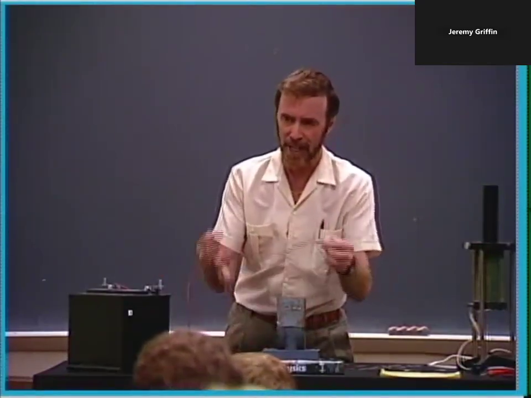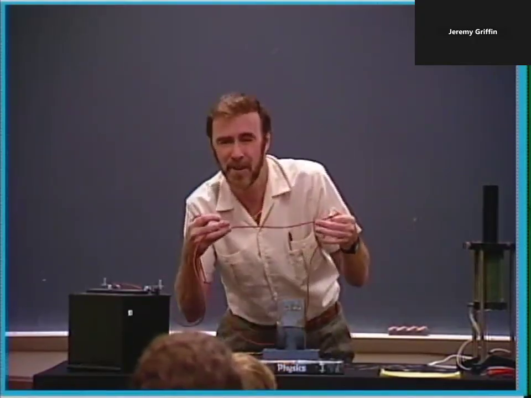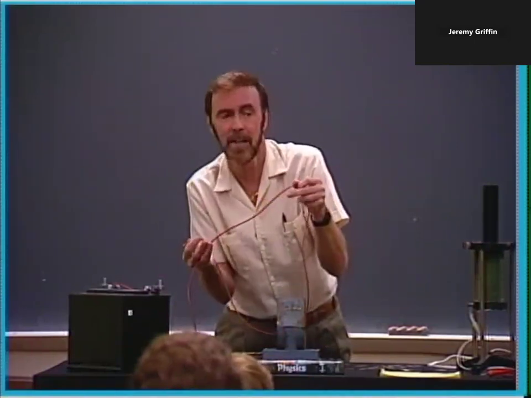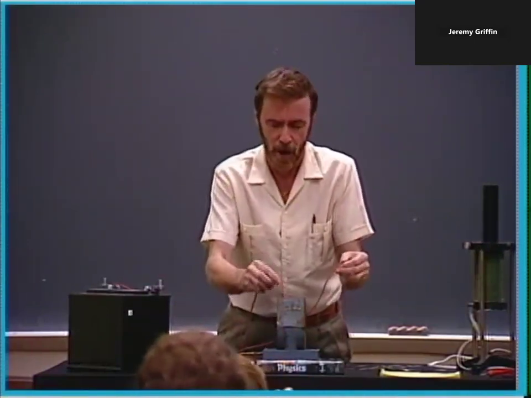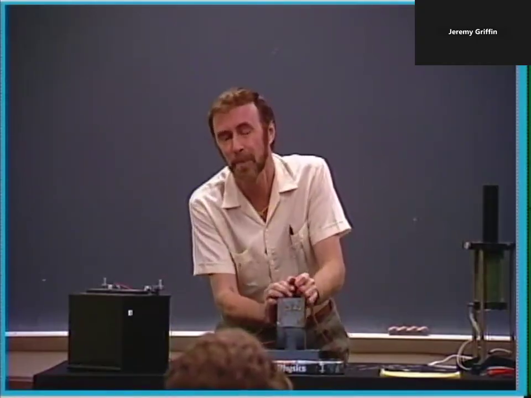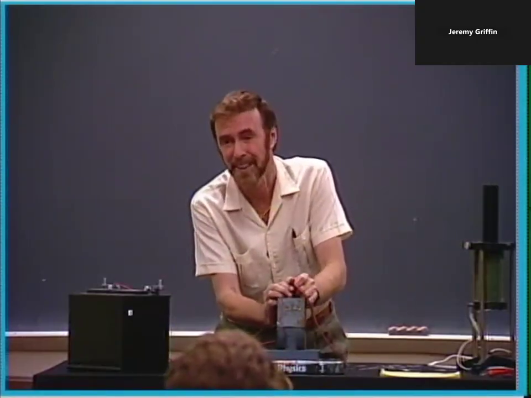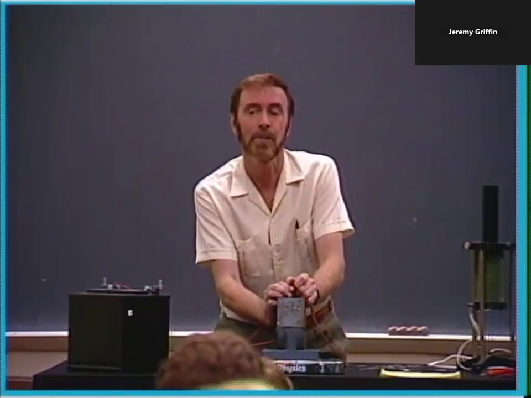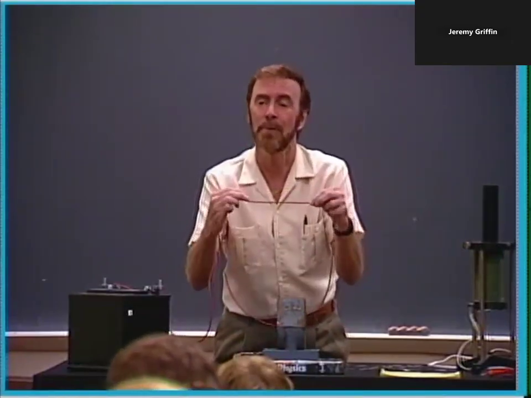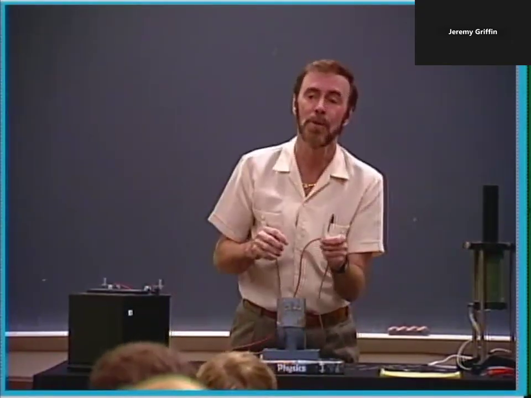And when a current goes through this, would this wire, in a sense, be a magnet? How about when no current goes through it? It's copper wire. Copper is not ferromagnetic. You've all tried when you were a kid to pick up a penny with a magnet. It doesn't work, does it? Because the penny's copper, okay? So the only way you're going to get magnetism with copper is to have electrons flowing through it.